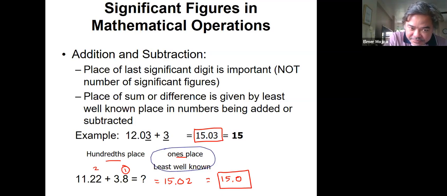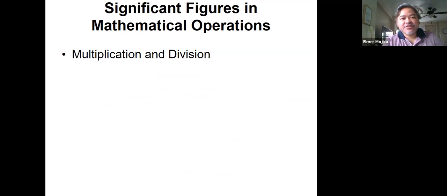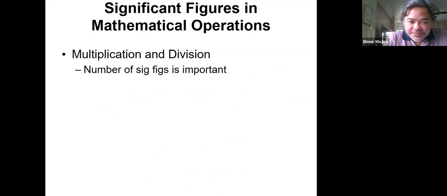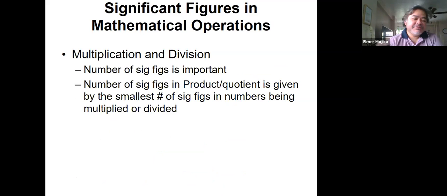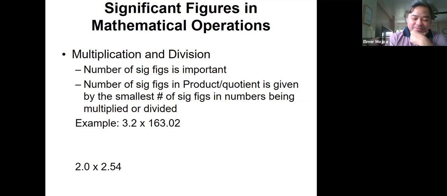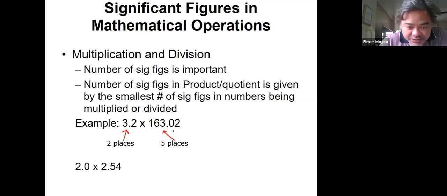Let's try the next one, multiplication and division. The number of significant figures is important. The number of significant figures in the quotient and the product is given by the smallest number of significant figures in the numbers being multiplied or divided. For instance, you have this number here. So you have 2 significant figures, and 5 significant figures.